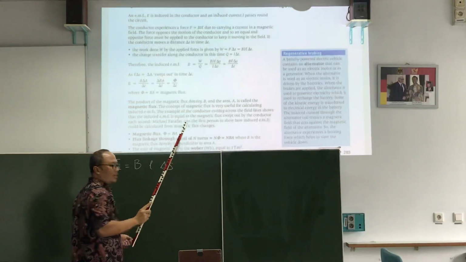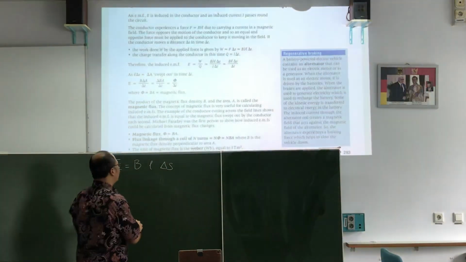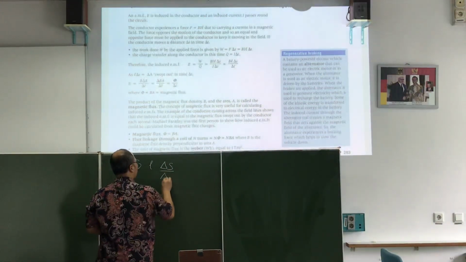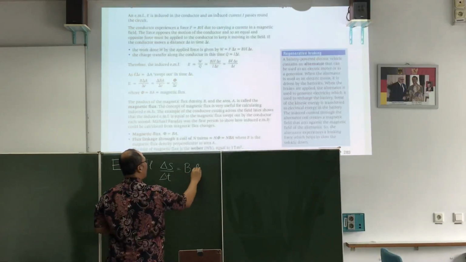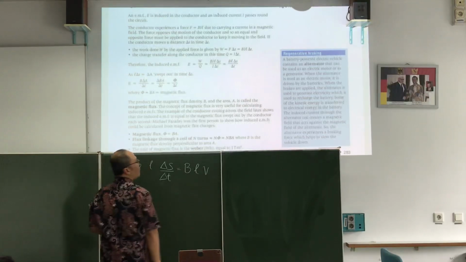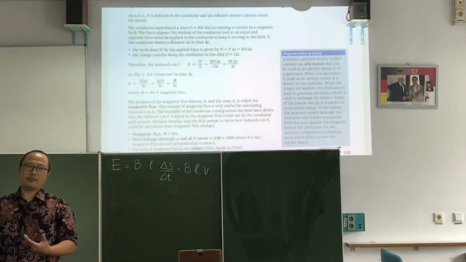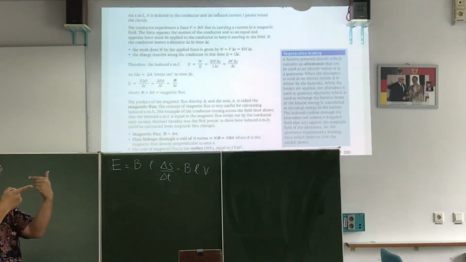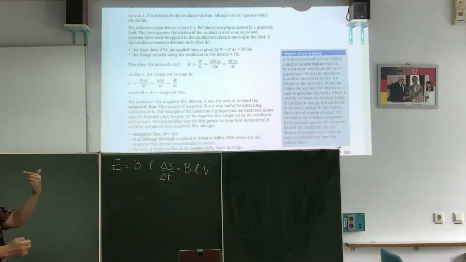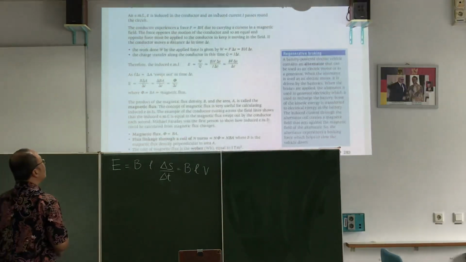So I have BL delta S over delta T, which is just B times L times V, constant speed. Why? Because the Lorentz force here and the force there have the same size. That's why it's a uniform motion.